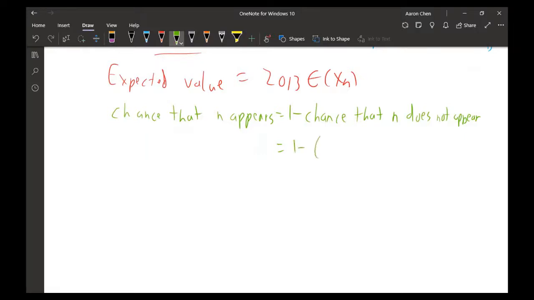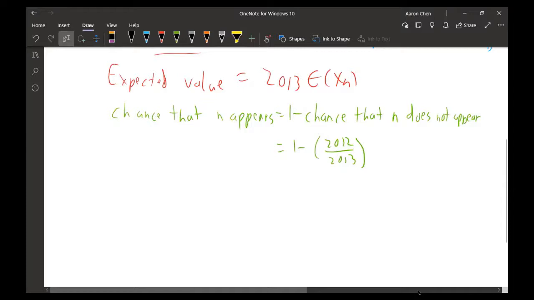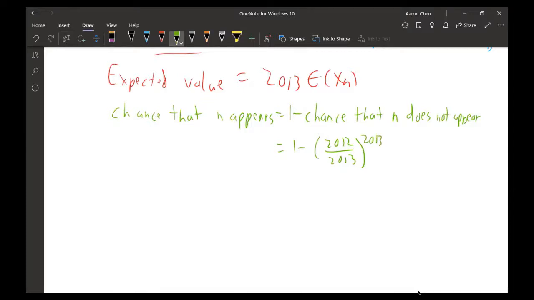So the chance for each of the numbers is 2012 over 2013, because there are a total of 2012 numbers other than n. And we raise this to the power of 2013, because there are 2013 elements from A1 to A2013. If we put this over a common denominator, this is simply 2013 to the power of 2013 minus 2012 to the power of 2013, all divided by 2013 to the power of 2013.